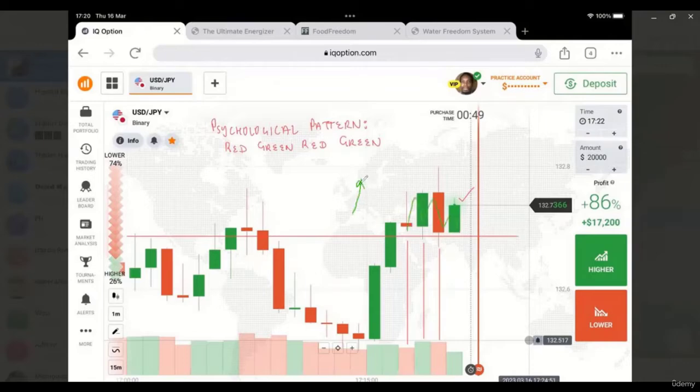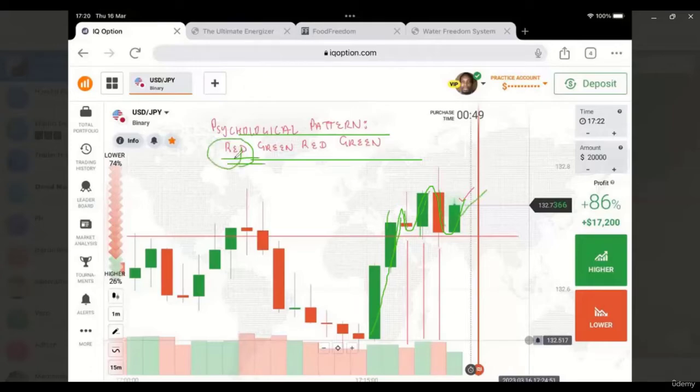When the market creates that type of situation, we can easily take that as a psychological movement, not the master week. So the psychological pattern is red, green? No. When the market is going up, definitely we have to take green, red, then green, not red, green.